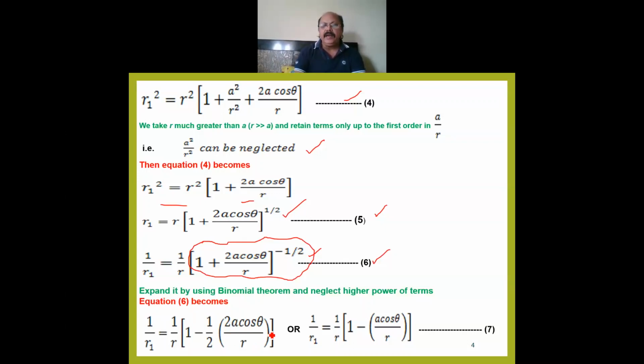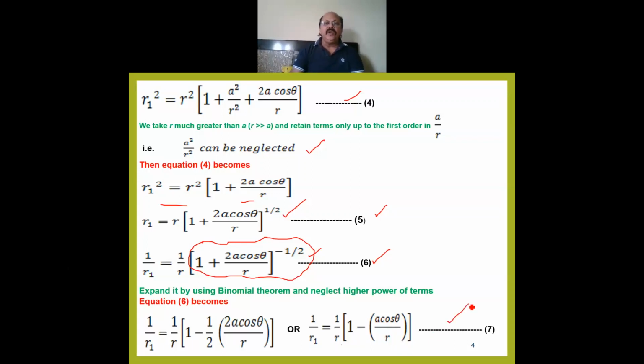Here all higher power terms we are neglecting. So when 2 and 2 get cancelled, what you will get is 1 upon R1 equal to 1 upon R within bracket 1 minus A cos theta upon R. Mark this equation number 7.